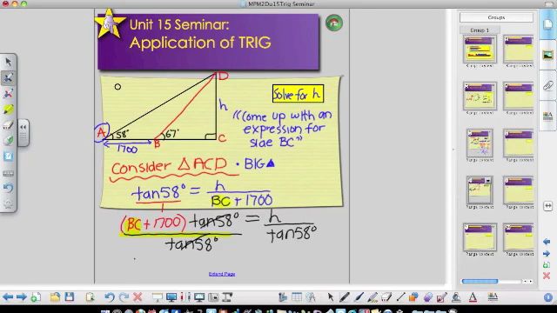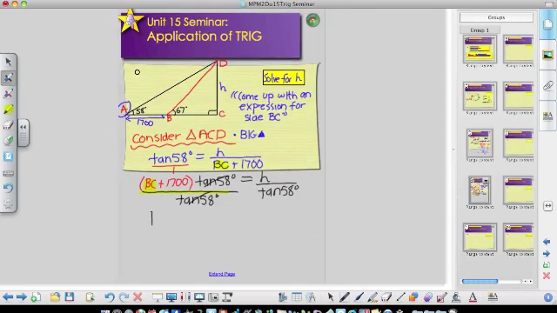What else is attached to the BC that I need to get rid of? The 1700. We needed to divide by the tan 58 because it has been multiplied; the 1700 has been added to BC. So BC plus 1700 is now equal to H over tan 58. The only thing left to do is get rid of this 1700.